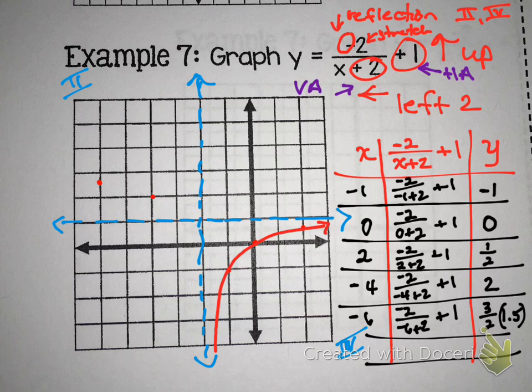Something's not quite right, I didn't plot that in the right spot. So negative 6, 4, 5, 6 would be here, because there's 1.5. All right, so this is going to look something like this. I can't use that little tool. So this is going to be the shape of the graph, something like this.